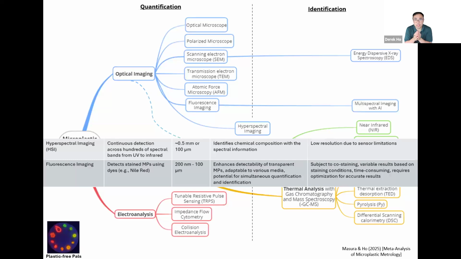The only trouble is that this method is subject to co-staining with natural organic matter, resulting in false positives. The staining conditions vary, and it's a little bit more time consuming and requires optimization, which I've managed to overcome, as you'll see in a bit.